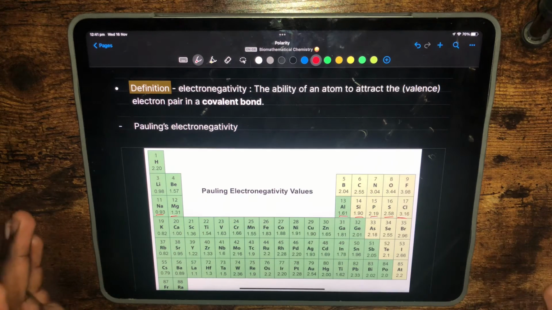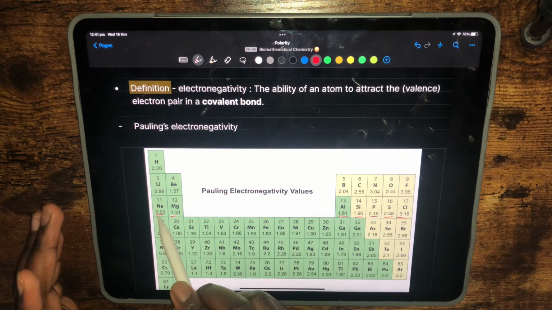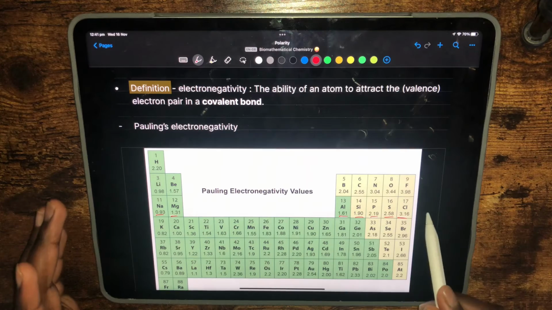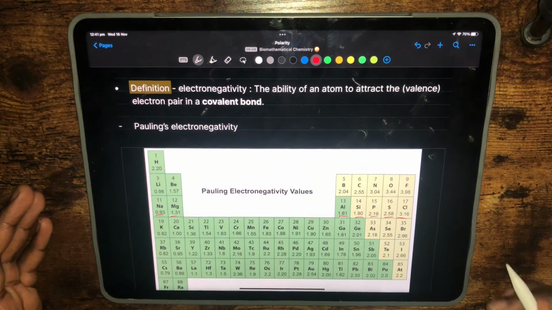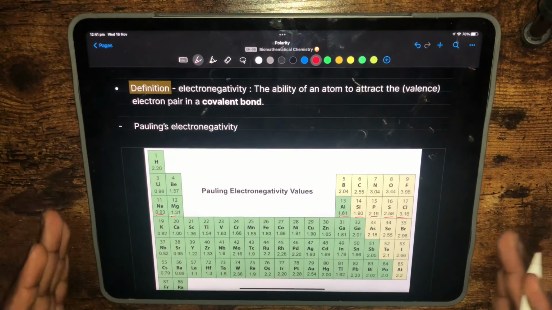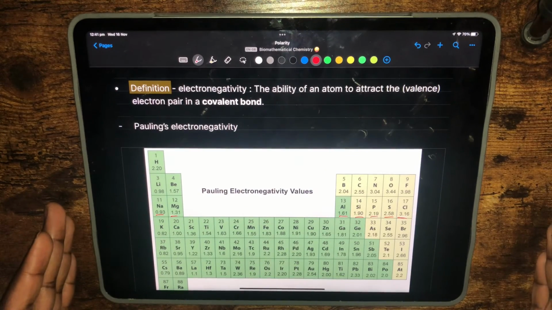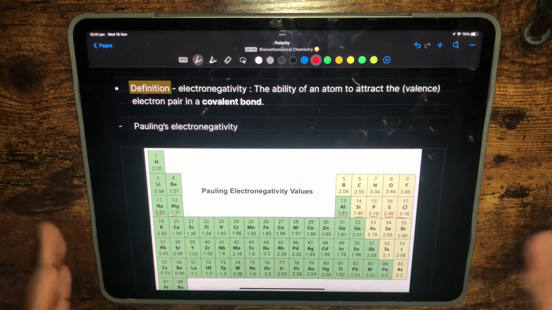So yeah, as you go across the period, electronegativity would increase because there's a higher nuclear charge and therefore higher electrostatic attraction between the nucleus and an electron pair.